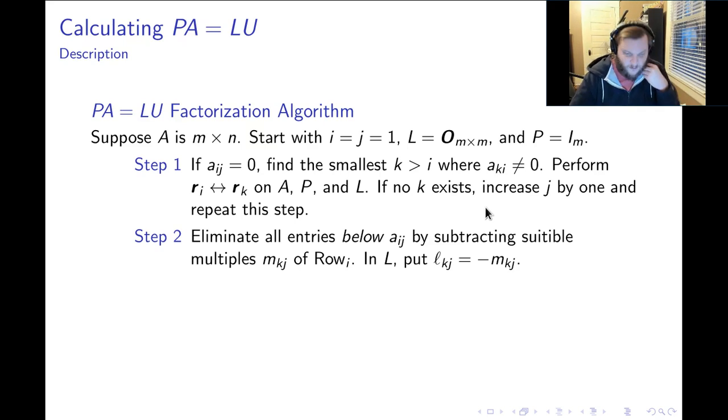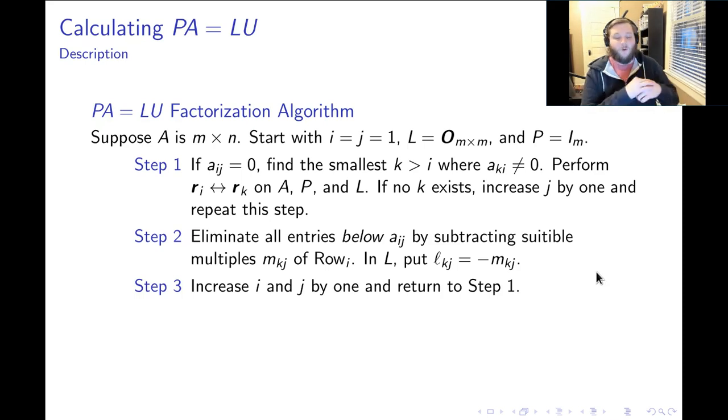So the way to say that rigorously is we subtract suitable multiples, m sub kj, of the ith row from the row we care about. So if we want to eliminate a position, we subtract the suitable multiple of the pivot row from the row we're trying to eliminate from. And what we do is we take that multiplier and we save it in the matrix L, but we don't save the multiplier, we save its negative.